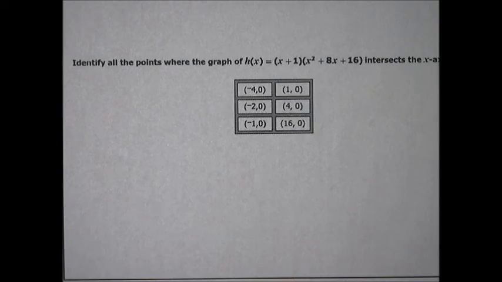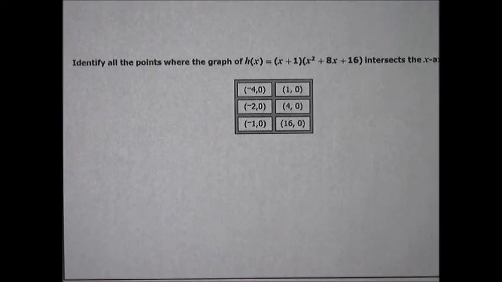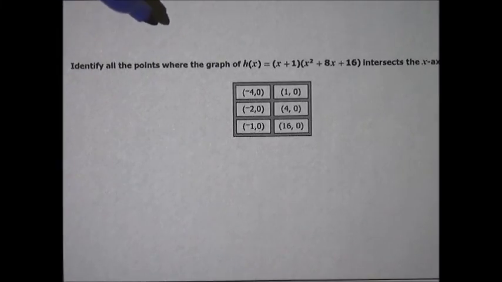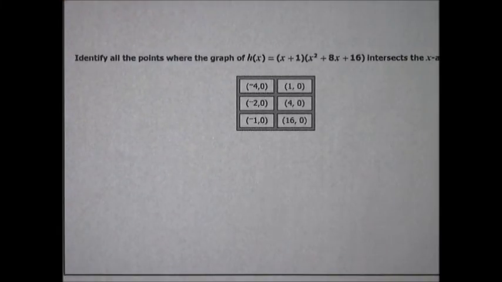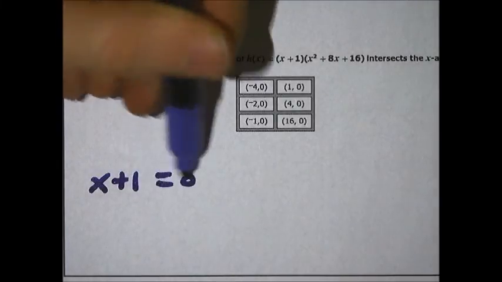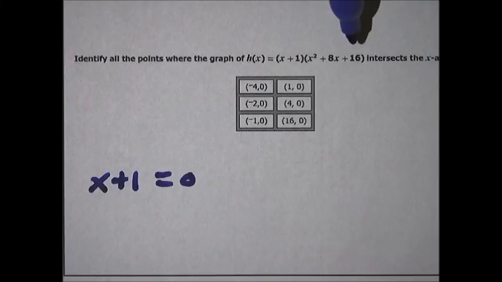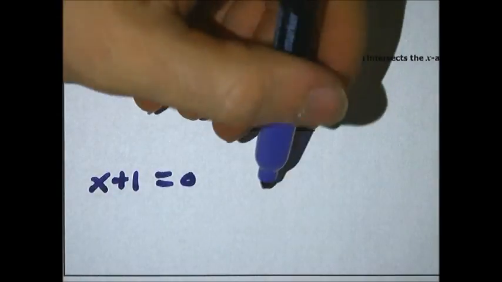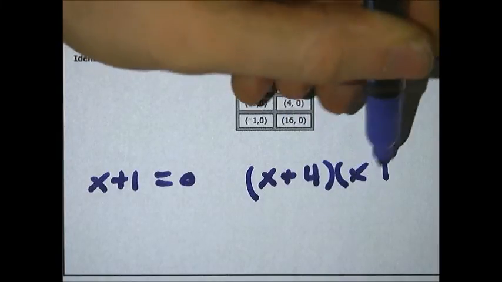Identify all points on the graph where this thing is hitting the x-axis. Two ways of doing it. First way I'll show you is algebraically. We can take each one of these things and set them equal to 0. So you can take x plus 1, set it to 0. And this other one here, x squared plus 8x plus 16 factors into x plus 4, x plus 4.